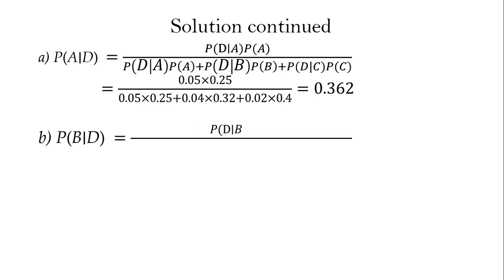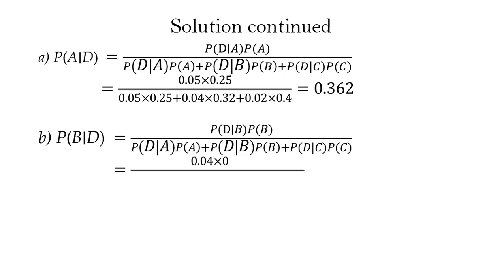I think it has no impact on the calculation. And then we go to the second part. The probability of B given D is still the same here. The only difference is the denominator. So inputting those values, that is supposed to be 0.406.